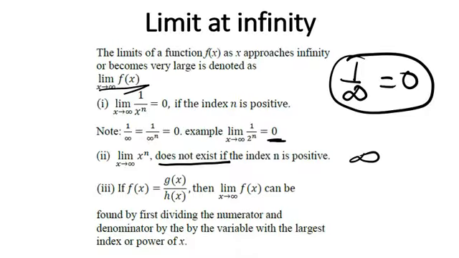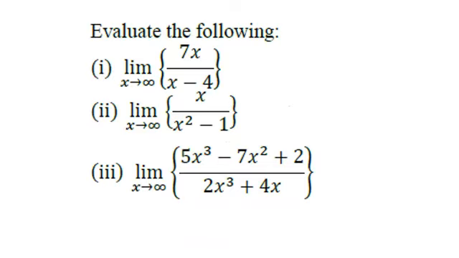Okay, let's look at some examples. I have three questions here. The first one: the limit as x tends to infinity of 7x over x minus 4. This is a rational function, and to find its limit, what is the variable with the highest power?